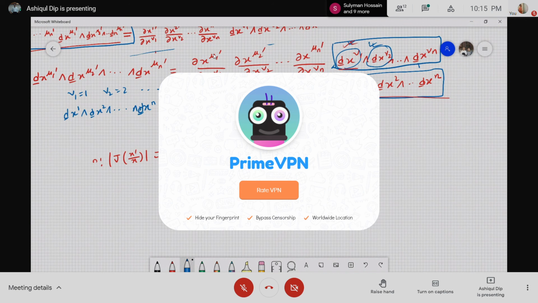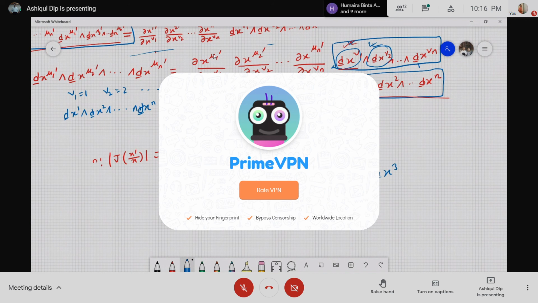One combination is mu nu lambda equal to 1 2 3. In that case, you have dx1 with dx2 with dx3.